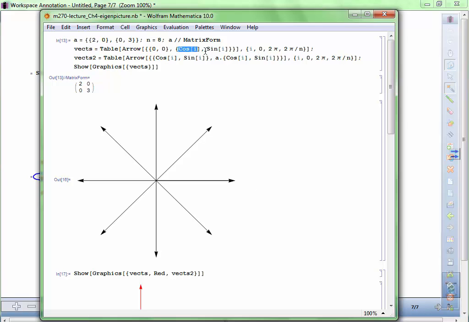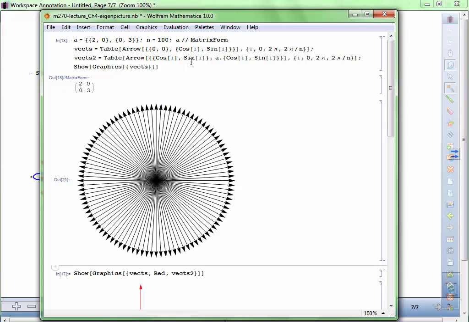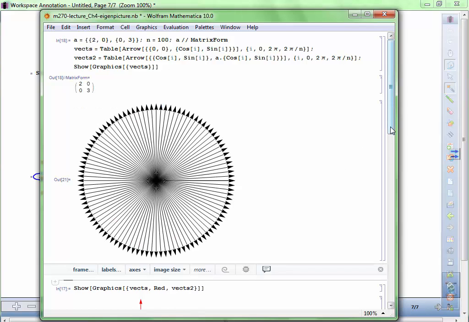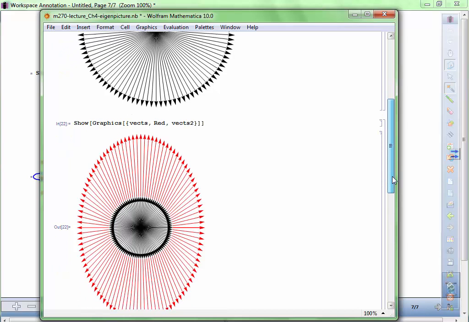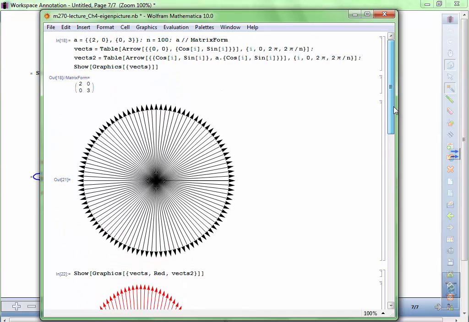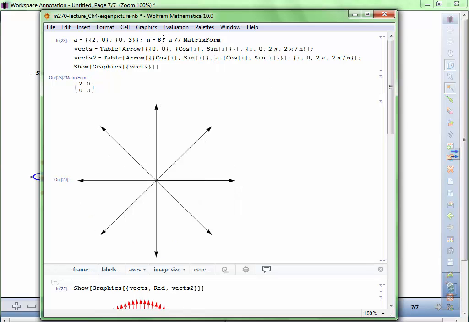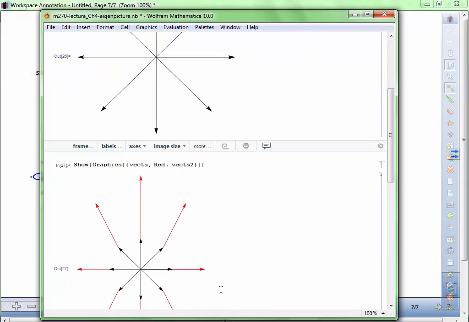I used trig to go around in a circle, and if I wanted 100 vectors, for example, I wanted to see how the attachments would look, how you just get some nice designs. But if I just want to keep it simple, I'll have 8 vectors to look at.